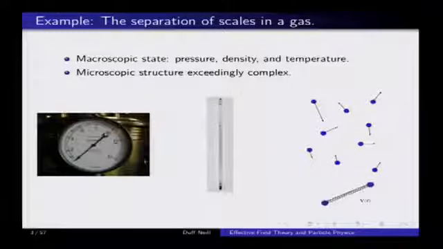And to illustrate that methodology, I'm going to take an example, which is one that is enabling me right now to communicate to you, and that is a gas. And a gas, at a macroscopic scale, is sort of easy to measure. You know, there's the pressure of the gas, and then there's the temperature, and there's the density. And if I know those things about a gas, I've pretty much specified its macroscopic state.